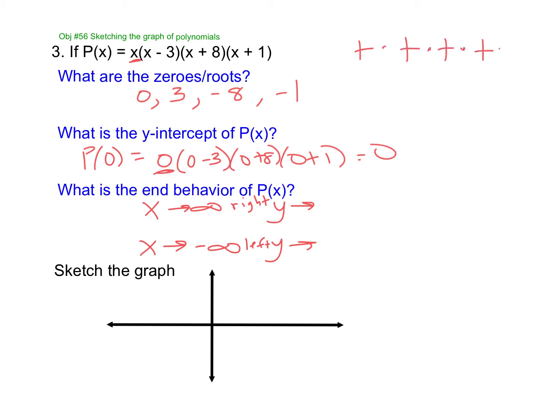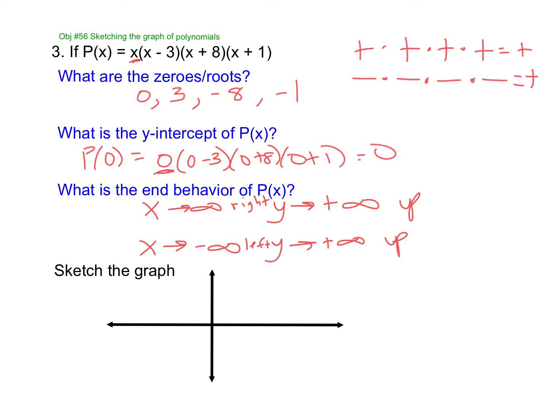What does that equal? That equals a plus. So we're going to positive infinity. That's up, right? Positive y is up. And then when we have negatives, again we have 4 terms: x, x minus 3, x plus 8, x plus 1. What do you get when you have 4 negatives? 4 negatives also gives you a positive, so this is also going up.